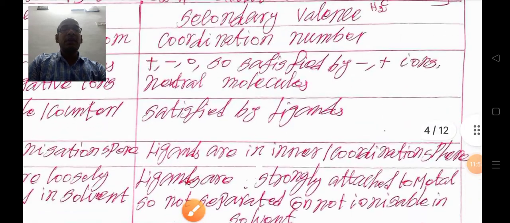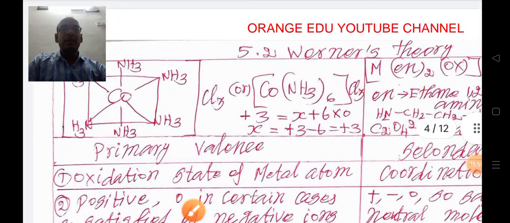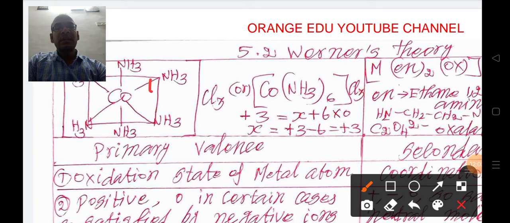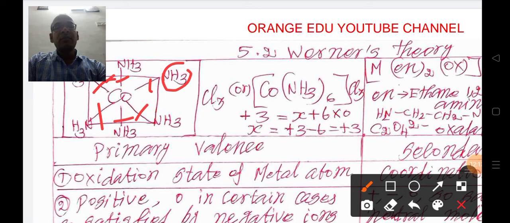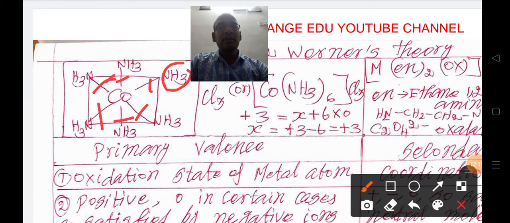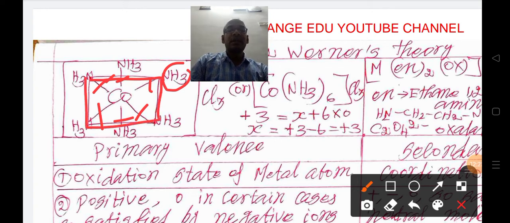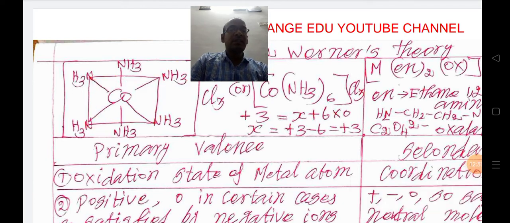In this example, these ligands are placed in particular positions, therefore making the shape. The shape of this complex is octahedral. Therefore, secondary valencies are directional properties.